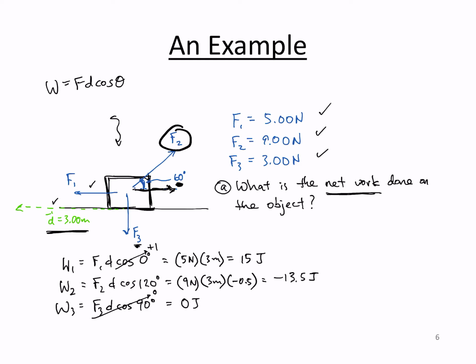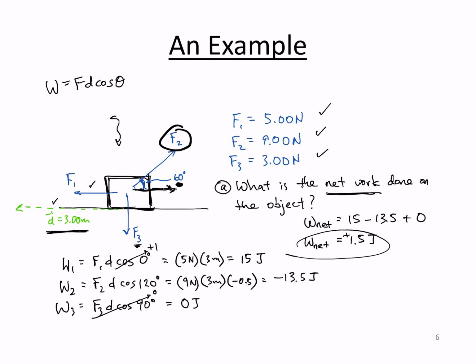To calculate the net work done, we can just add all of these numbers up. We end up subtracting, but it's the arithmetic sum of all of these things, which gives us that 1.5 joules of energy is being transferred to the object, because this is a positive number. And there's our answer.